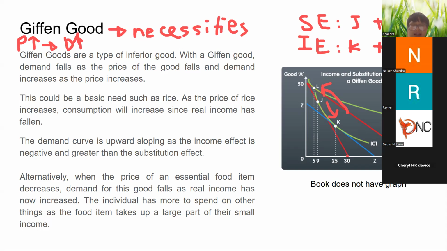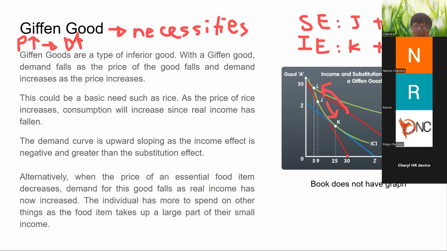So when a person has more income, they will not buy more of this kind of necessities. What is going to happen is that less will be bought. That's why it's a negative income effect. It's considered an extreme form of inferior goods. That's why the income effect is also negative.